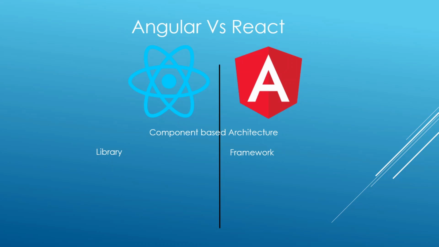However, there is a drawback that you have less flexibility in choosing the library in Angular, because you have to use whatever is provided by Angular. On the other hand, in React, you can choose whatever library or whatever JavaScript framework you want to use in your React application.